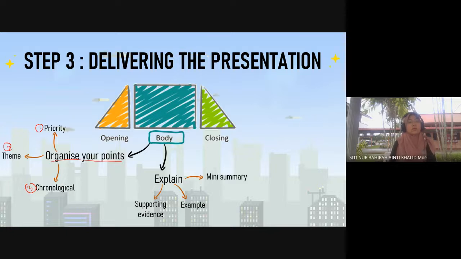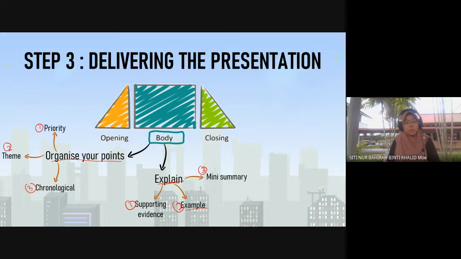So that is chronological. And then you need to also explain your points. So in your explanation, you must include supporting evidence, you must include examples, and lastly, you have to also do a mini summary. So, supporting evidence is bila kamu dah bagi tahu what's your point, and then you explain, you can include evidence like facts, statistics, quotes, and then you can also give examples.